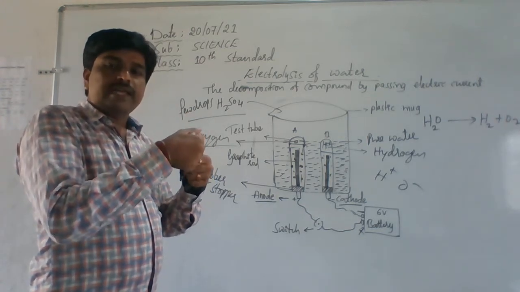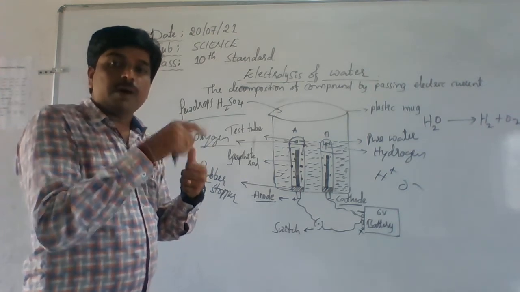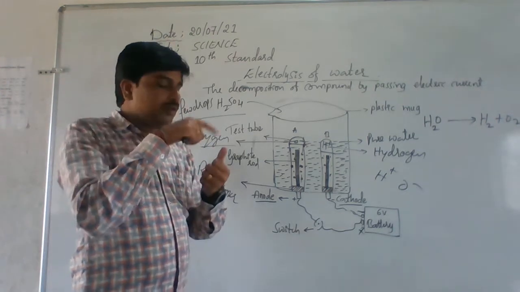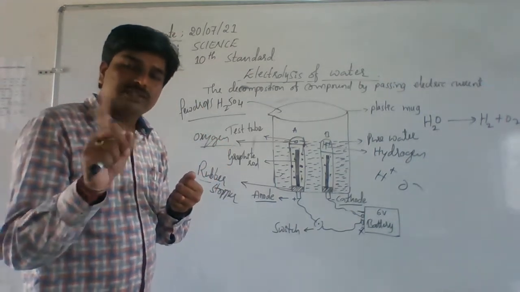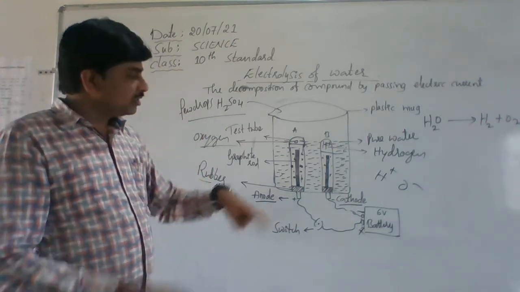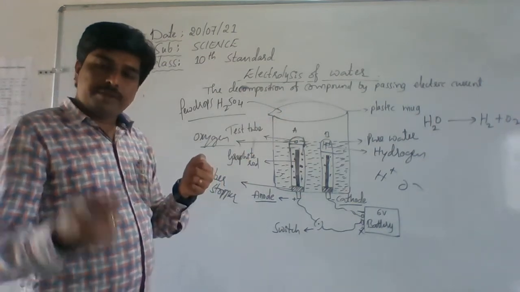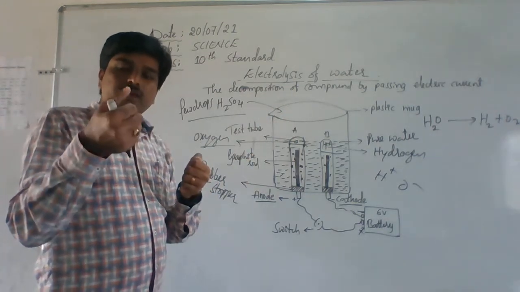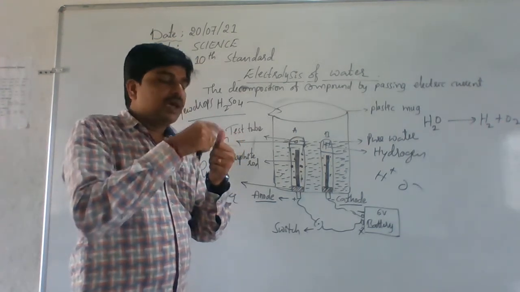Understand? Suddenly the fire puts off with a pop sound. That indicates the gas collected in the B test tube is hydrogen, because hydrogen gas does not support combustion. Hence it puts off the fire. Similarly, slowly take out test tube A from the apparatus and bring the same splinter or a lighter near the tip of the test tube and observe.